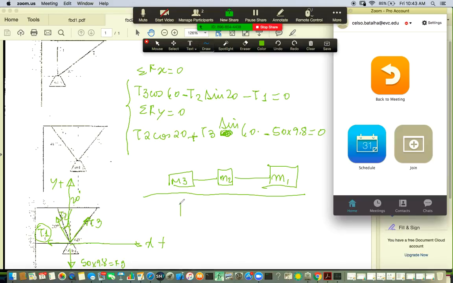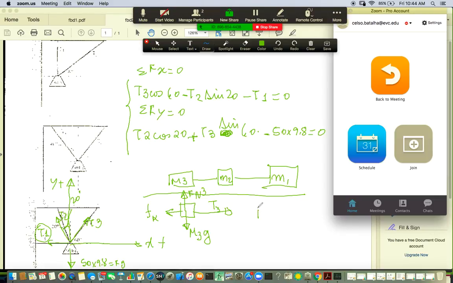If there is friction, you start with M3. If there is rolling friction, you have your weight, M3 times G, where G is 9.8. We have a normal force on it, and friction, which is kinetic, effective rolling friction, and you have a tension cord that pulls the train forward.